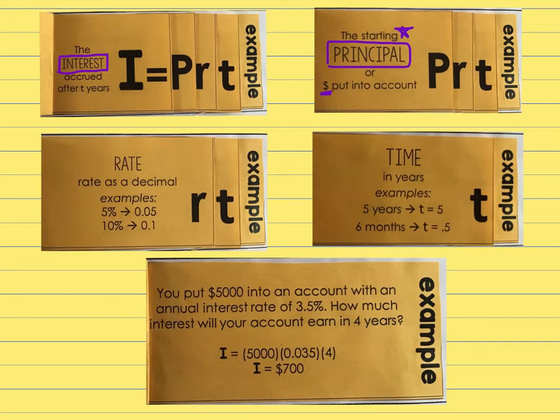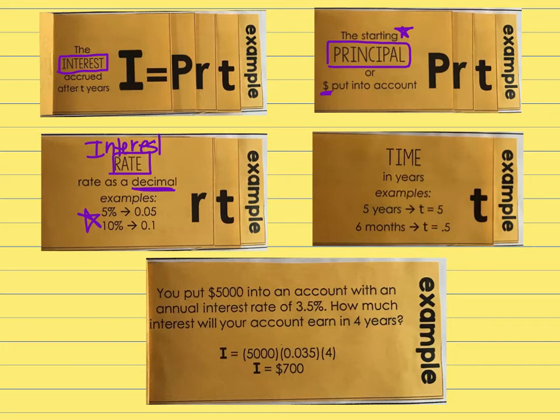The R stands for interest rate. The main thing you need to know on this one is you have to represent your percentage in decimal form. And in order to do this, you would move the decimal 2 times to the left or divide by 100.